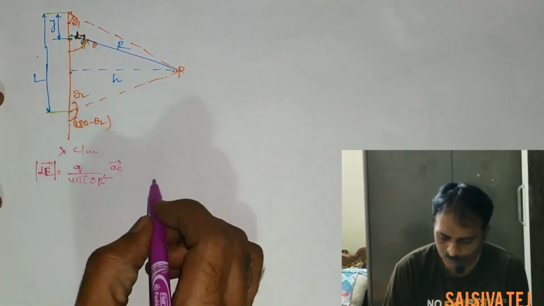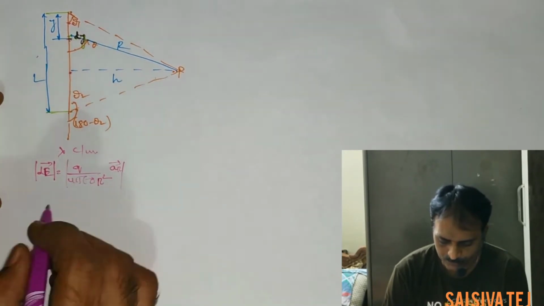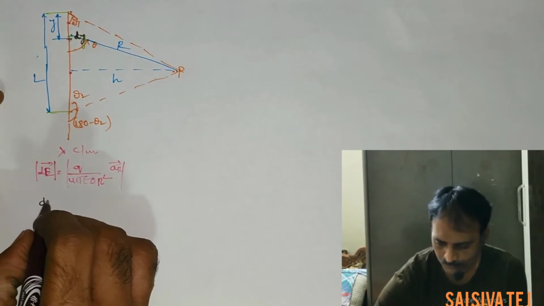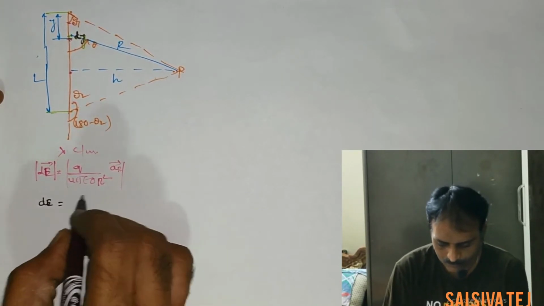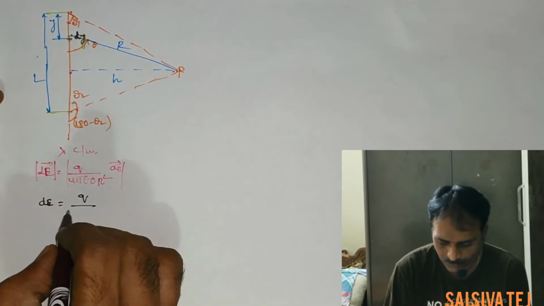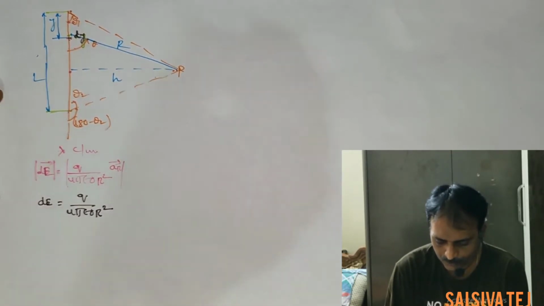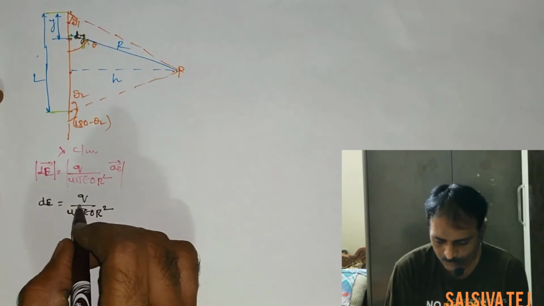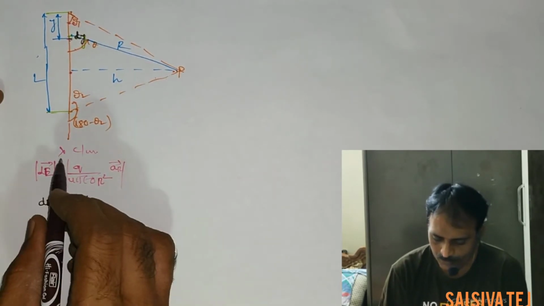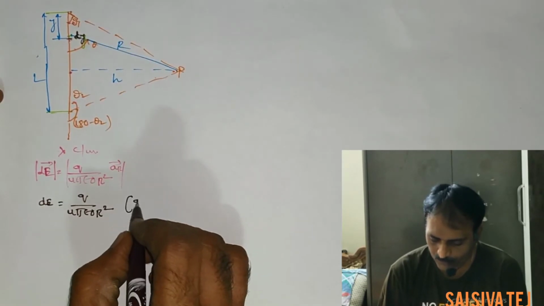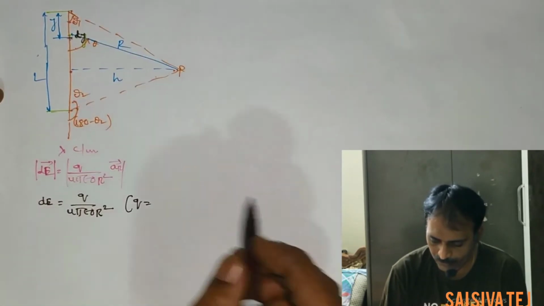So when we consider only the magnitude, we have dE is equal to q by 4 pi epsilon naught into r square, and we know q is nothing but the charge which we can calculate.